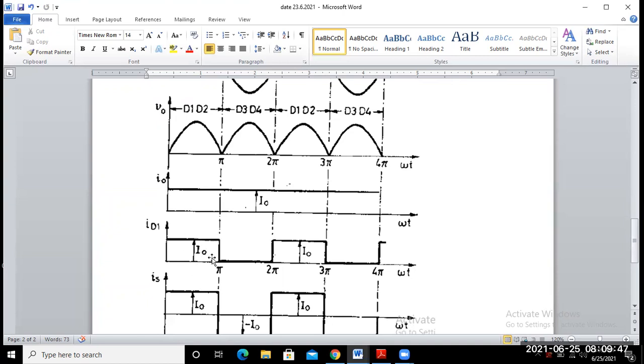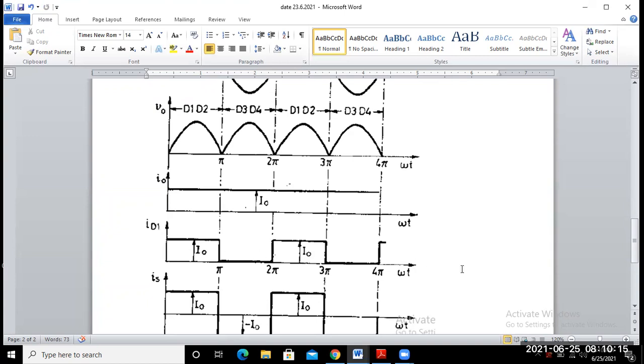From pi to 2 pi, D1 and D2 are in reverse bias, so it becomes zero current through this diode. So from pi to 2 pi, you get the zero value. Again from 2 pi, when D1 and D2 become forward biased, it again follows this waveform. So this one is across the diodes 1 and 2.